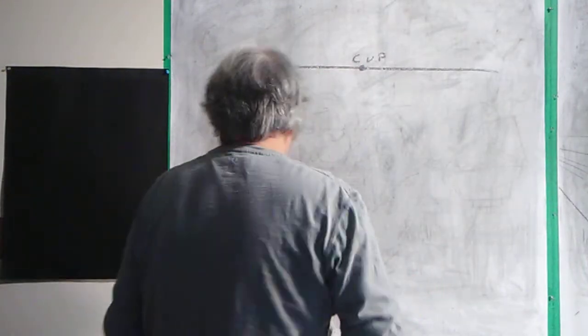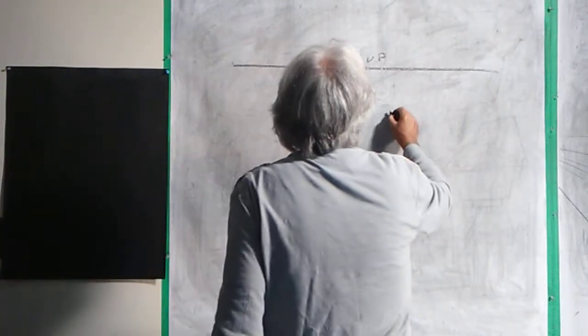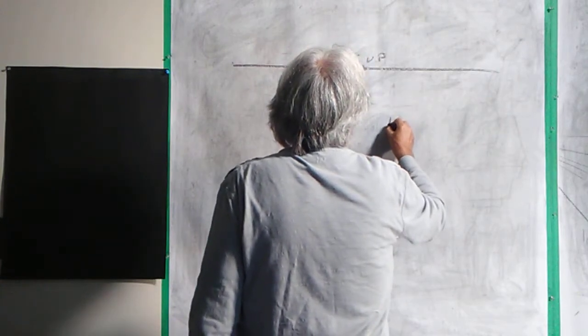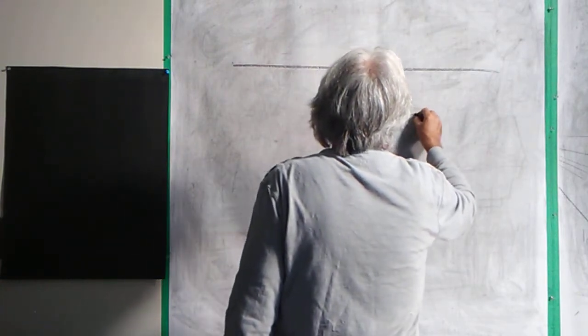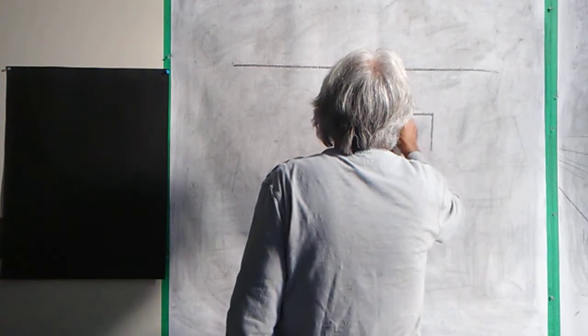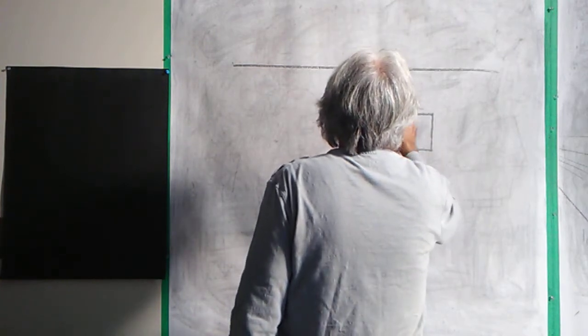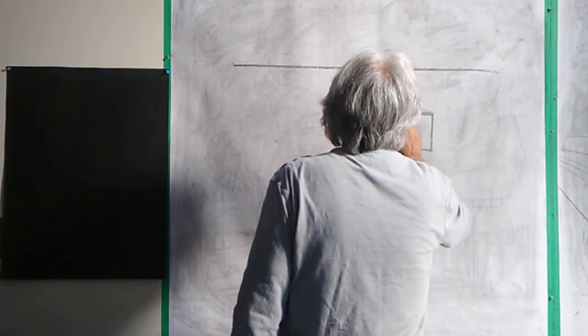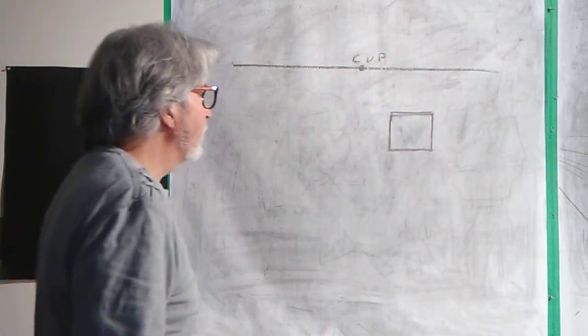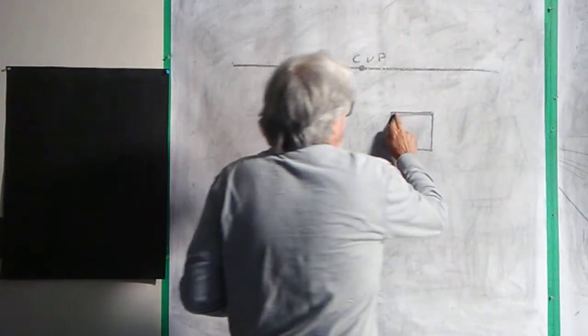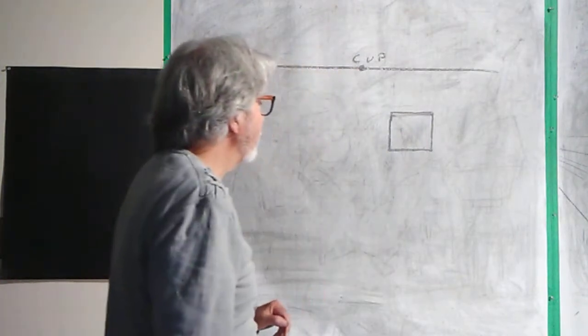So I could start a box below my eye level and to the right of your field of vision by doing this. And all of you, of course, will do the same. So you're going to put a parallel rectangle up there to the picture plane.